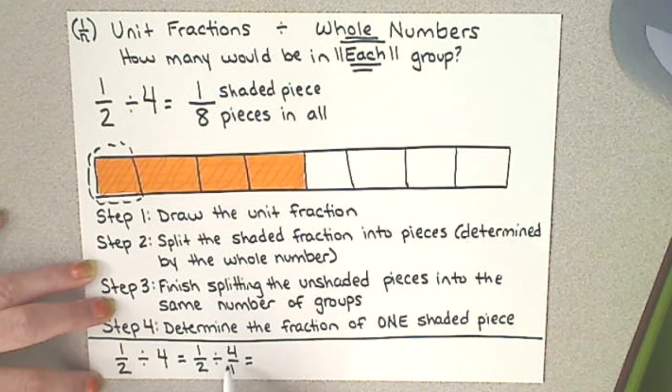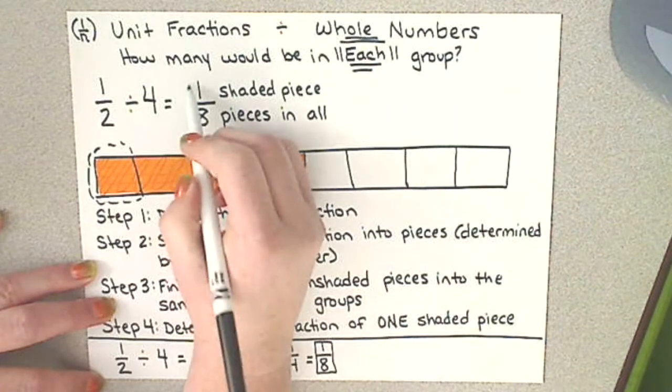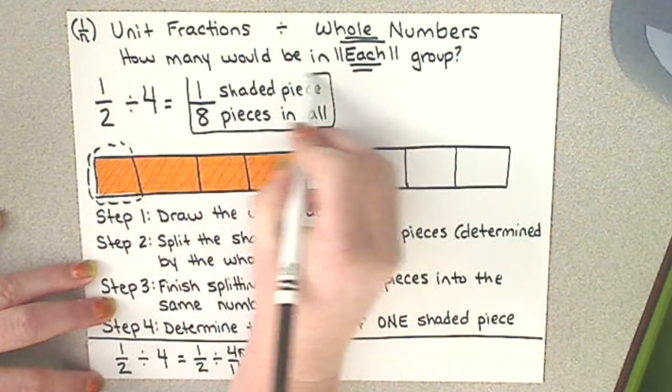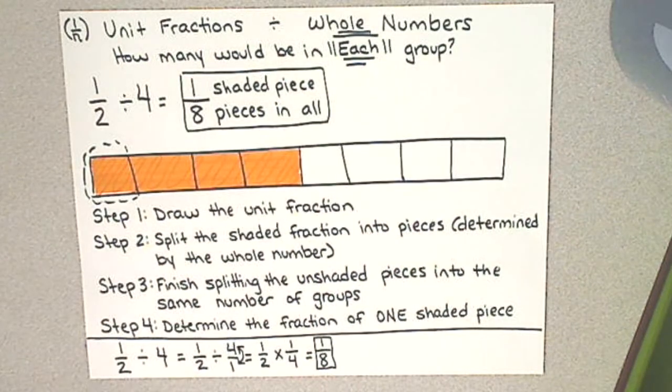And then we have to take our division, turn it into multiplication, and get the reciprocal of that fraction, 1/4. 1 times 1 is 1. 2 times 4 is 8. Okay. All right, let's take a look at a couple more examples just so you can see how this works.